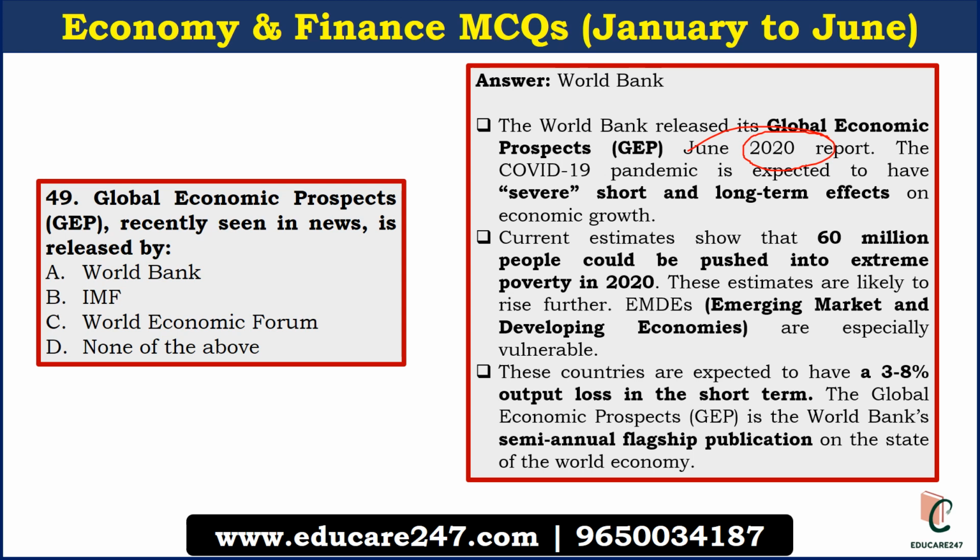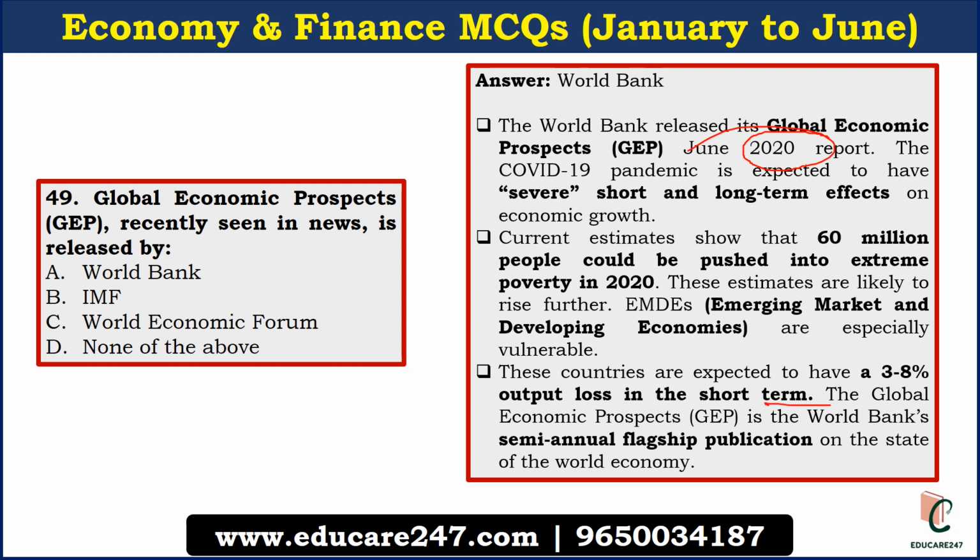The current estimate shows that 60 million people could be pushed into extreme poverty in 2020, and these estimates are likely to rise further. Emerging market and developing economies will be hard hit. They are very vulnerable. These countries are expected to have a 3 to 8% output loss in the short term. So remember this important point also.